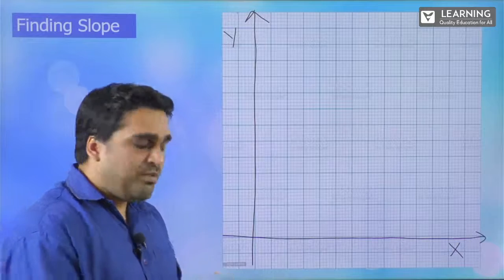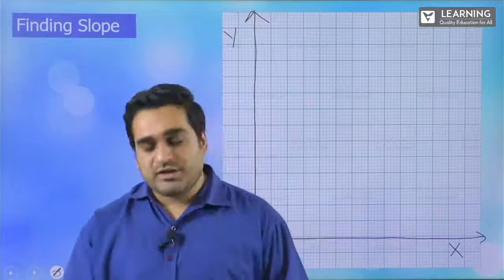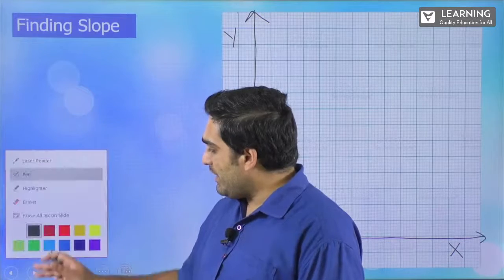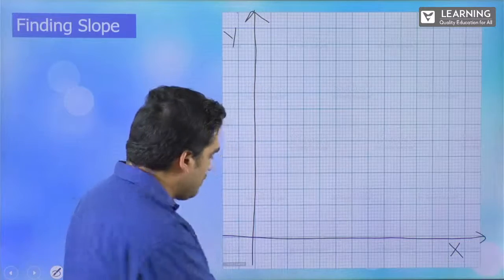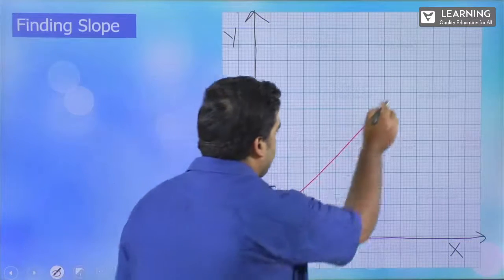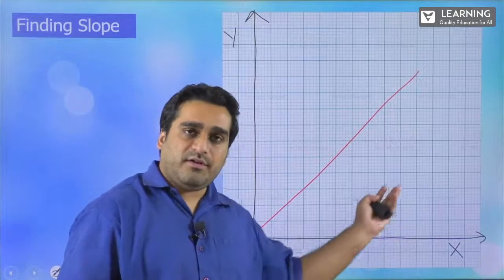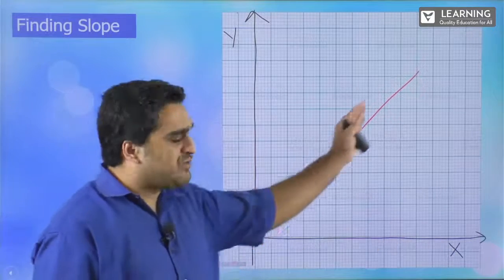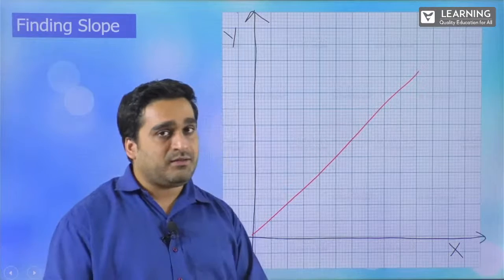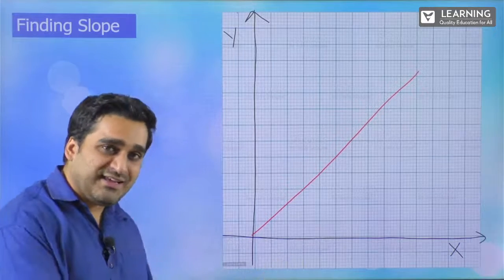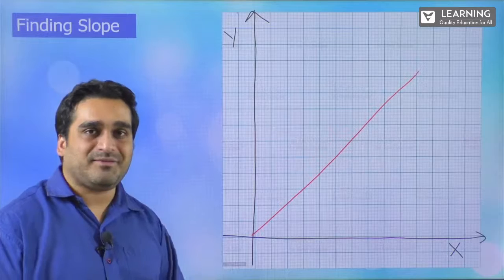By plotting the points on the graph, you construct a straight line or a curved path, but we consider here, as an example, a straight line.